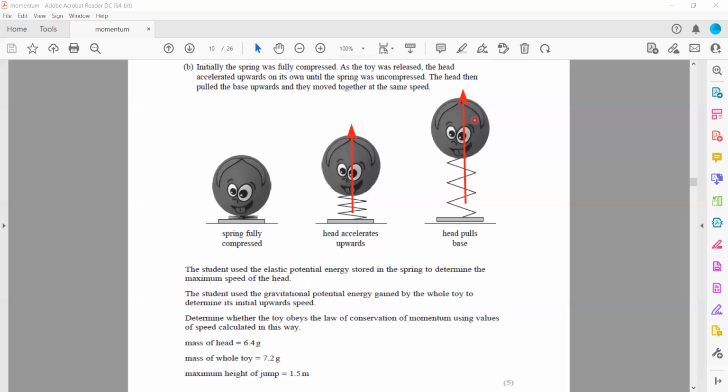After working out the speed of the whole toy multiplied by mass of whole toy, we'll get the final momentum, and the initial and the final momentum must be equal, because the total momentum before the collision should be equal to total momentum after the collision.